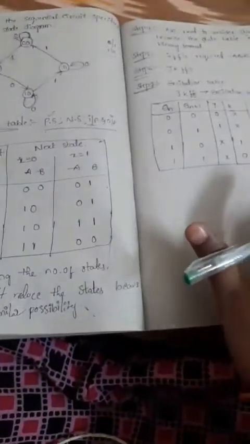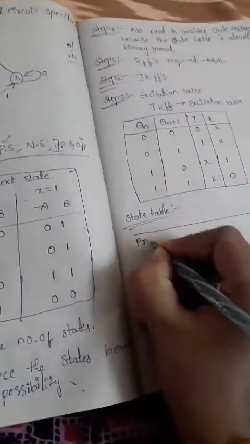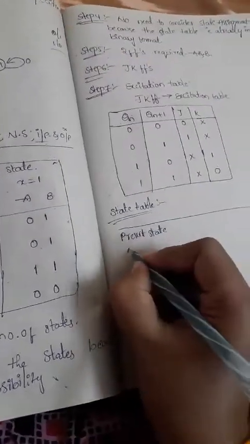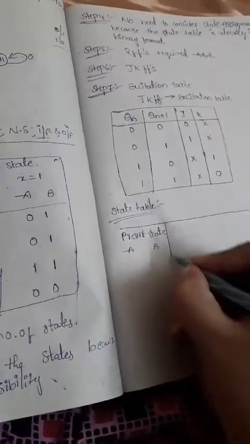So now derive the circuit excitation table from the state table. Again we have to implement the state table with the help of this excitation table. So rewrite that state table. First one is the present state, which will be considered as A and B. Next, I can separate the input values and next state values.